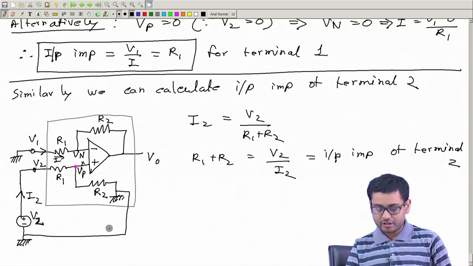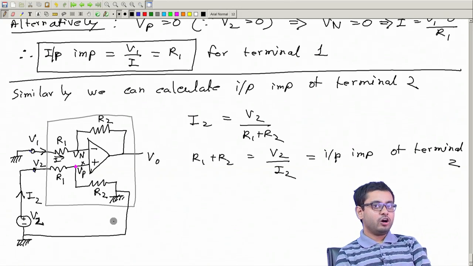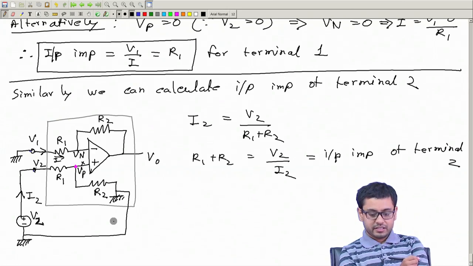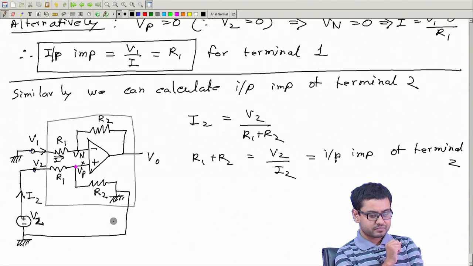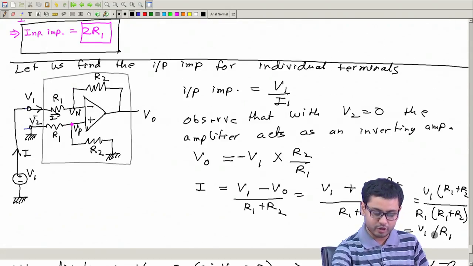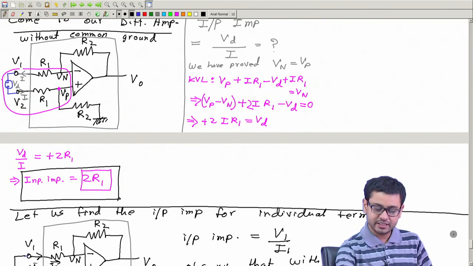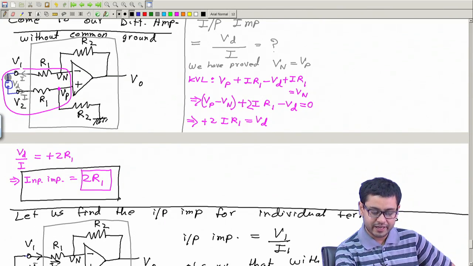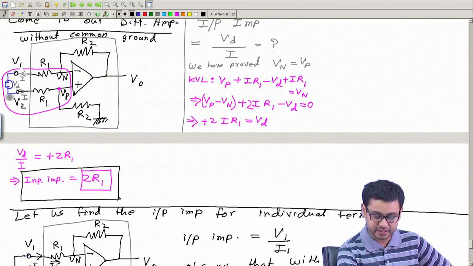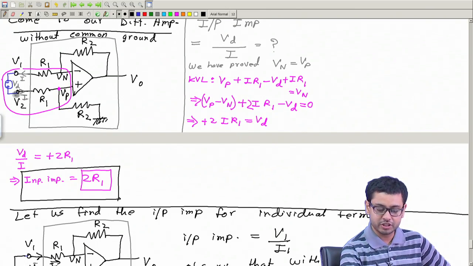That's simple. So you can either calculate the input impedance of the two terminals individually, or like this. This is for terminal 2, and previously we did for terminal 1. Or you can also define an input impedance in this way: when a differential voltage is connected like this between the two terminals without any common ground between this source and this part of the circuit, then these two currents are the same.